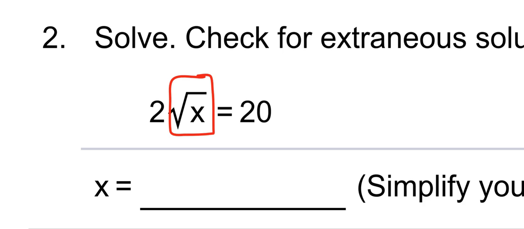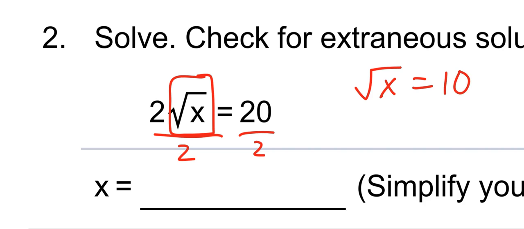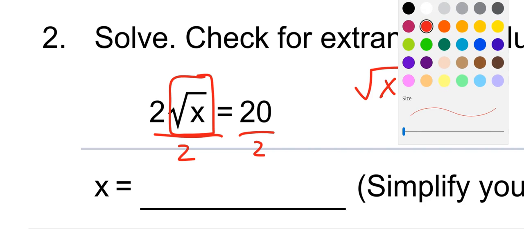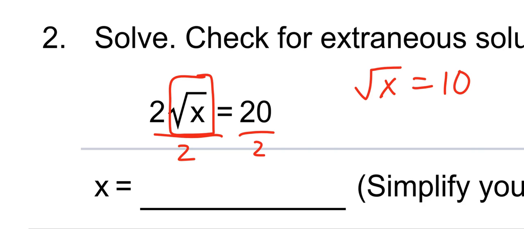So what would you like to do to get the radical by itself? Would you square it? We can't square it yet. Divide by 2. That's an excellent choice, because now the radical will be by itself. The square root of x is equal to 10. And now what we were doing before, where we squared both sides, is going to complete the process.